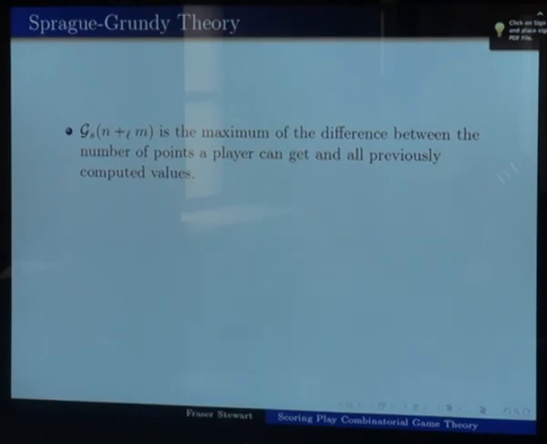The way I did it was to define this function, which, to cut a long story short, because the whole definition is actually quite long, is basically just the maximum difference between the number of points you can get and all the previously computed values. This is a recursive function, so we just recursively work out what all the values are. And it's essentially similar to the Sprague-Grundy function, but it's obviously a bit different.